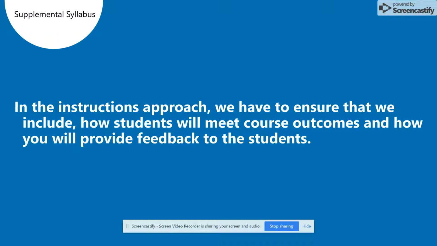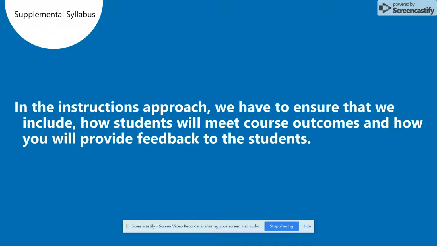So we want to make sure that we input how students will meet their course outcomes, which is very important because it is a component that is throughout the tracking calendar, the different types of course outcomes that they will meet for each week. We want to keep it confined in one area so the students can see what they need for the course, what the expectations are, and what our teaching methods are.